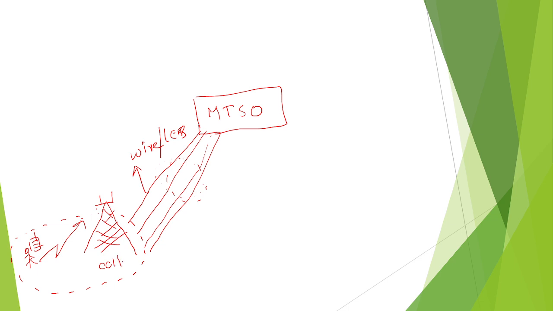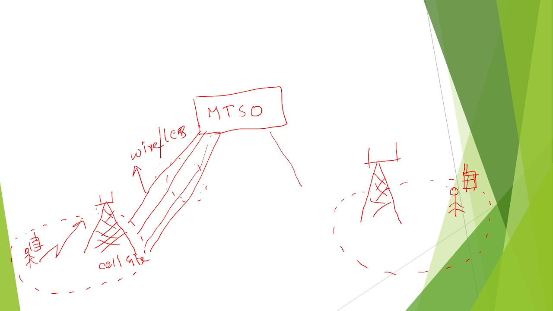This is a cell site, and the receiver is here. This is the receiver address. Here is the nearest cell site. Then the MTSO will find out the address for the receiver.